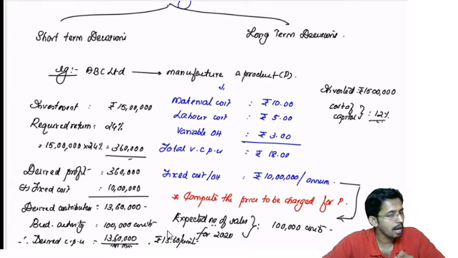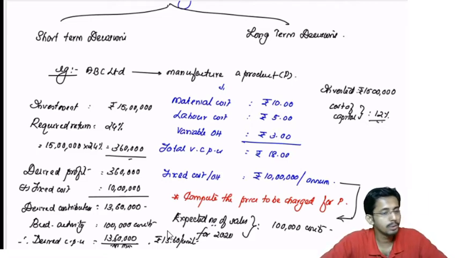Why? Because this pricing is for a year. We are going to use this price for a year. So it is a long-term decision. Okay, for that particular year, you are incurring what also? Fixed cost also. So from the contribution you are earning from the number of units you are selling, you should be able to recover the fixed cost also.